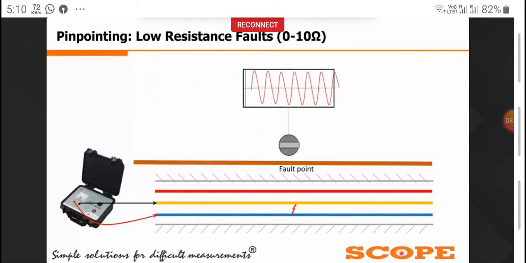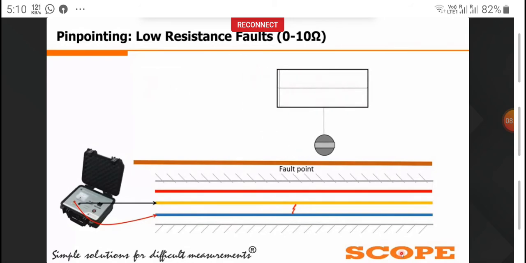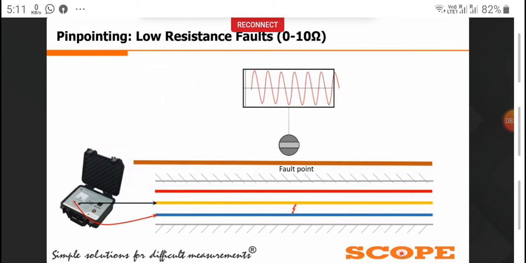Beyond the fault point, since there is no current conduction, the received signal is attenuated, meaning it diminishes. So we will not get any signals beyond the fault point. By using this technique, the last received signal of higher magnitude is your fault point. So by using this method, you can pinpoint the low resistance fault.